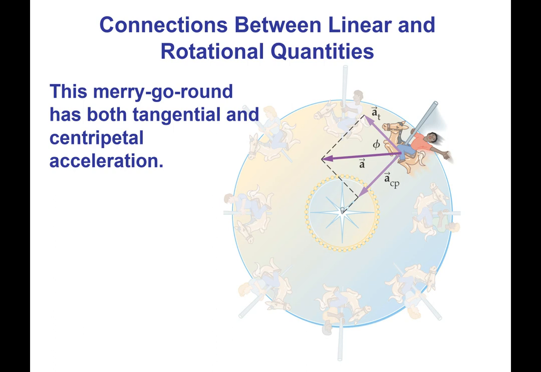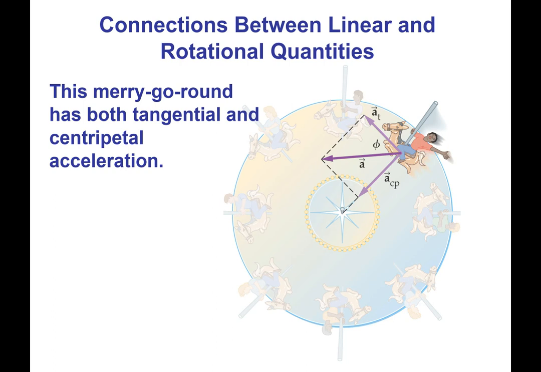Think about the merry-go-round. It has both tangential and centripetal acceleration because it's going in a circle. Most things going in a circle have both. And this is where AP kind of toys with the line: if something's going in a circle and it just asks for acceleration, and it's not specific like tangential or centripetal acceleration, it's wanting vectors.